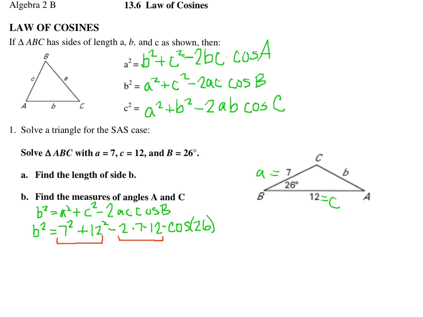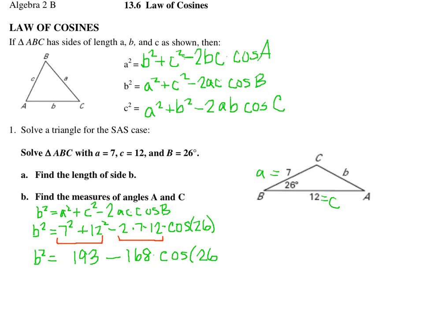So b squared equals 7 squared plus 12 squared, that's 49 plus 144, which is 193, minus 2 times 7 times 12, which is 168, times the cosine of 26.